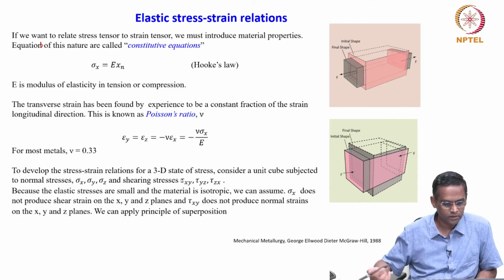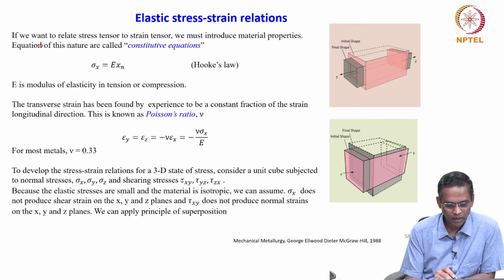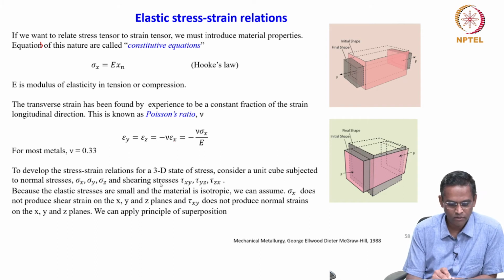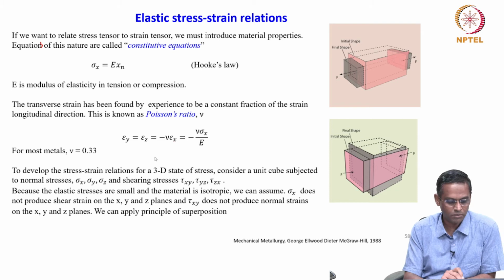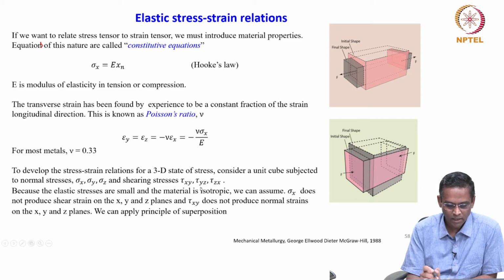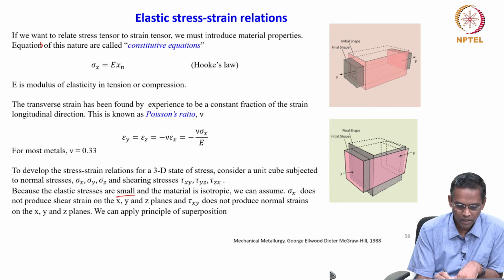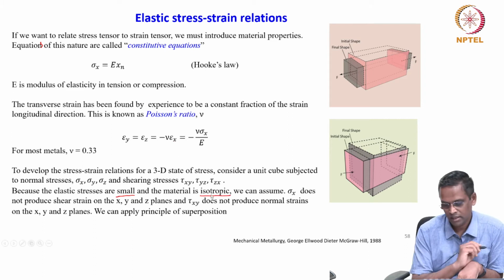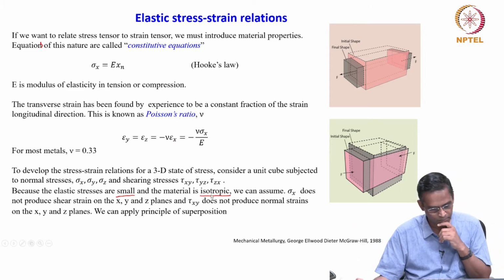Before we get into the relation of stress and strain in a 3D state of stress, there are some assumptions. What are the assumptions? The elastic stresses are small and the material is isotropic, very important, right? You have to pay attention to these details.